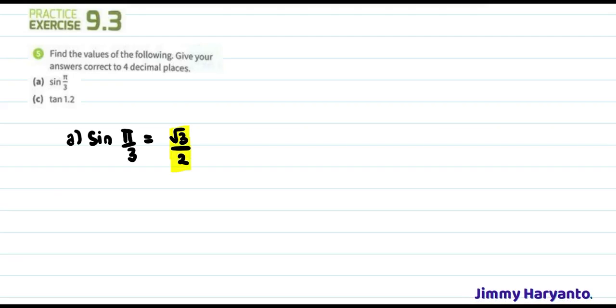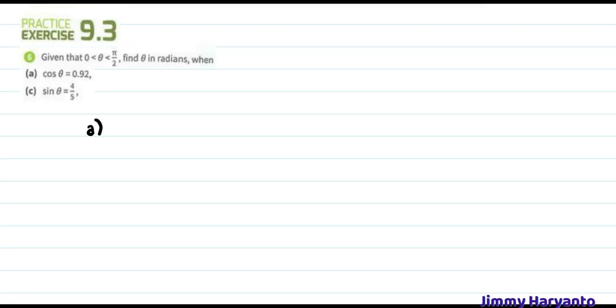And then next is C for tan 1.2. Your calculator will show you 2.57 as the result.